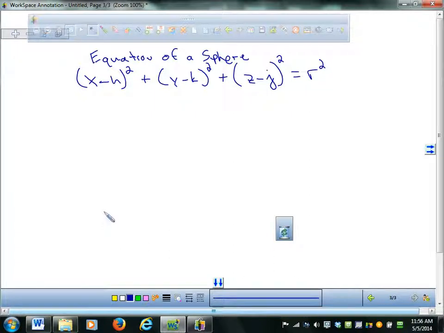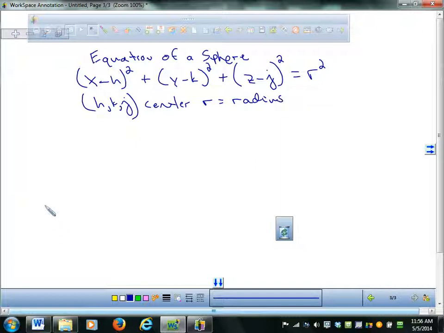Okay? So that would be the equation, where h, k, j would be the center, and r would be the radius.